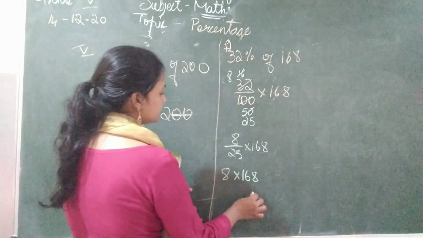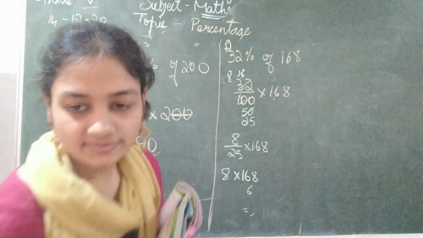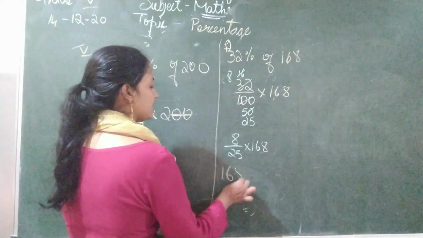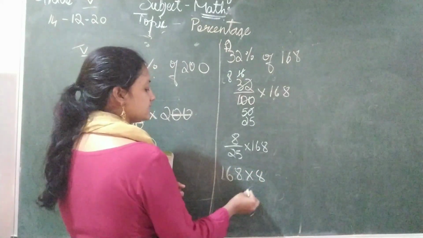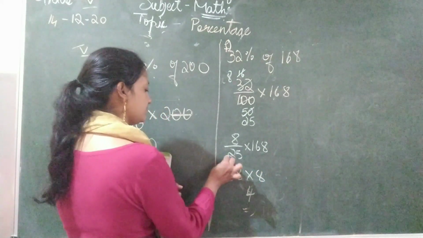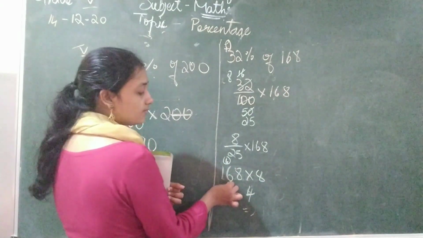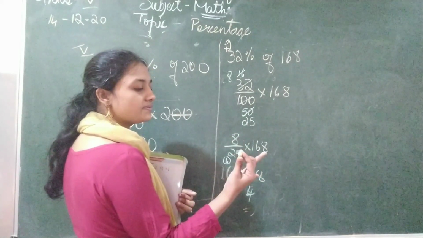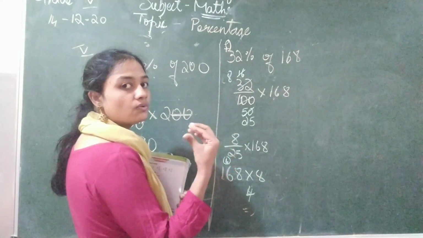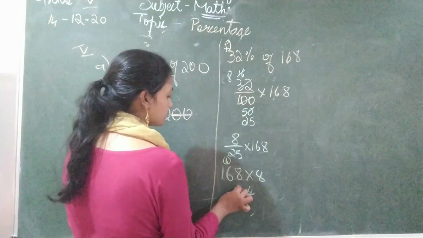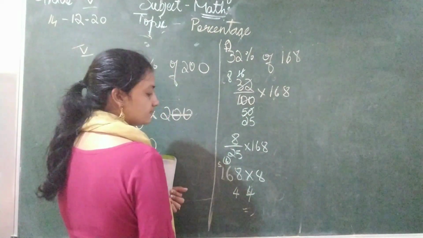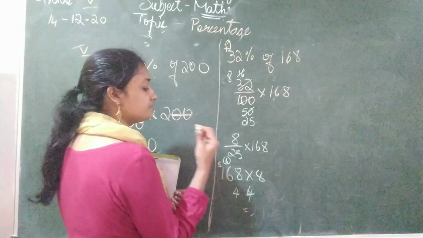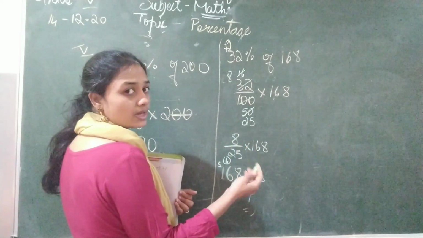I write it the other way, or you get confused. 168 into 8. 8 8s are 64, 4 and 6 carry. 8 6s are 48, 48 plus 6 is 54, 4 and 5 carry. 8 1s are 8 plus 5 is 13.